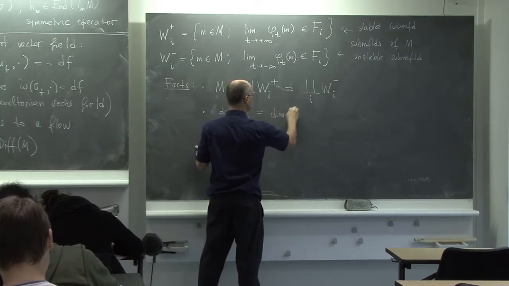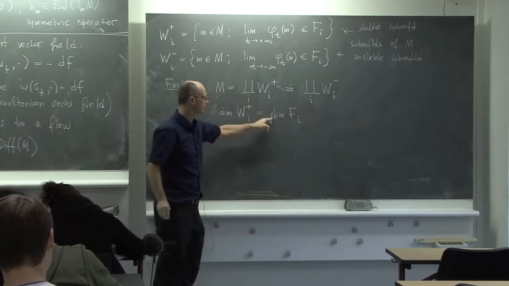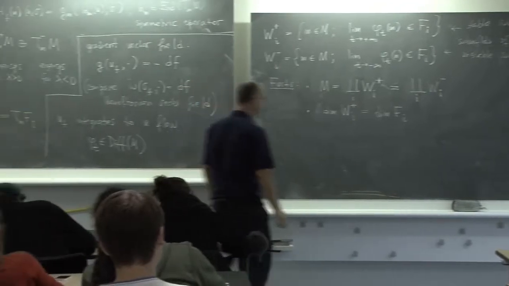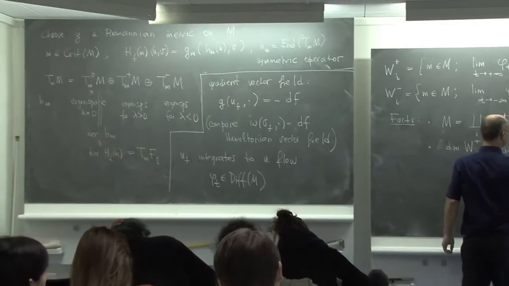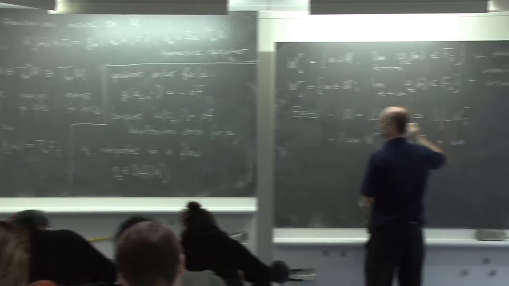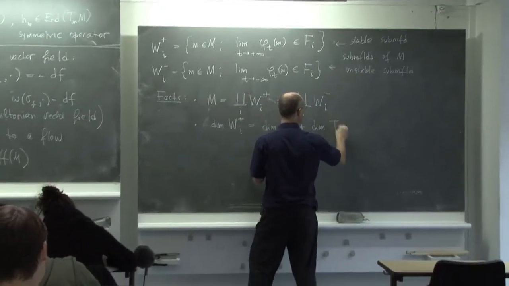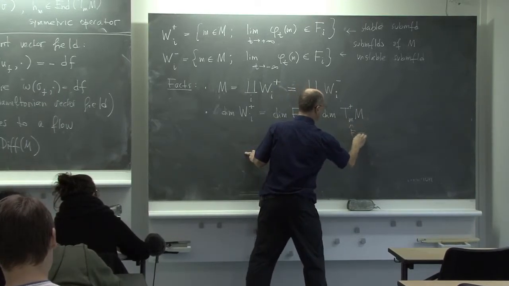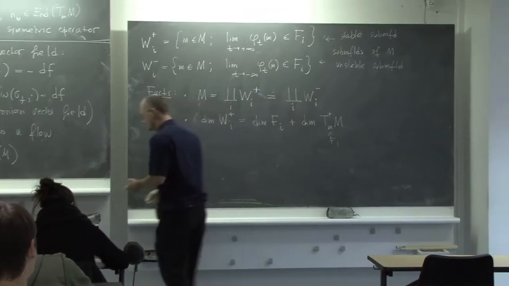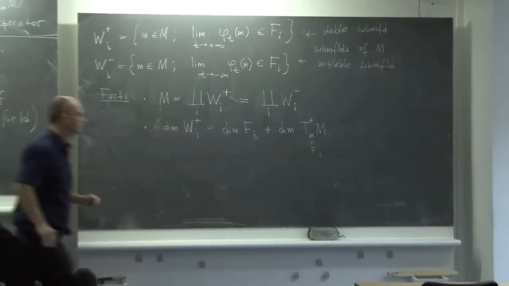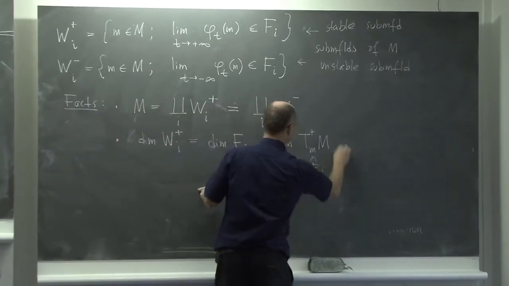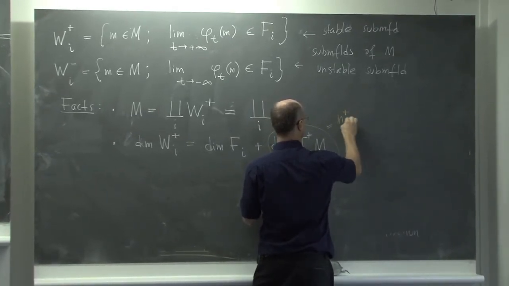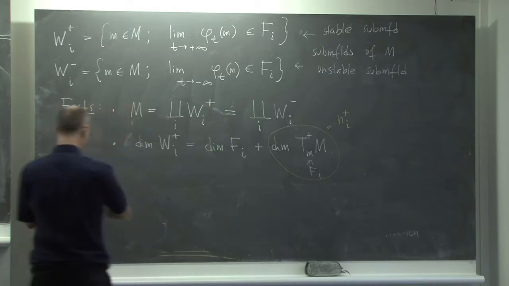So the dimension of the stable submanifolds is obtained as the dimension of Fi plus the dimension of C_m^+ for m in Fi, and there is a special name for this dimension. This is denoted N_i^+.